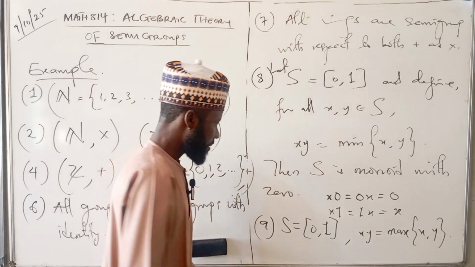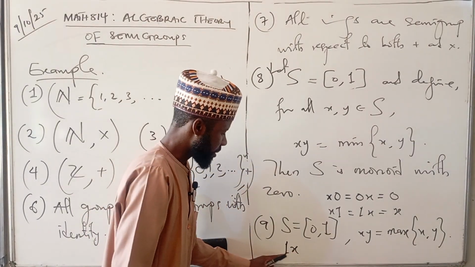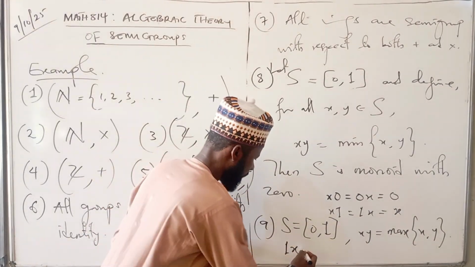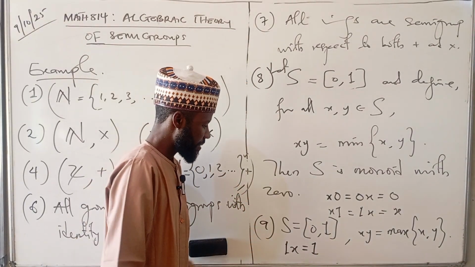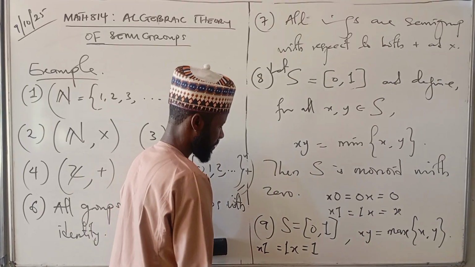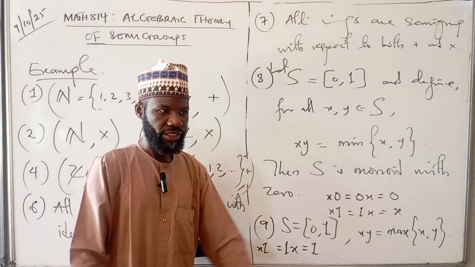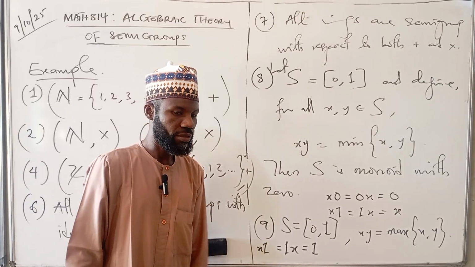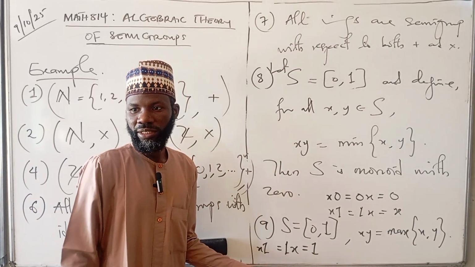It is 1. Because if you take 1 and multiply with x, you are taking the maximum. And 1 is always the maximum, because x is coming from [0, 1]. So anytime you multiply with 1, you get 1 as the resulting value. So 1 is the zero element.